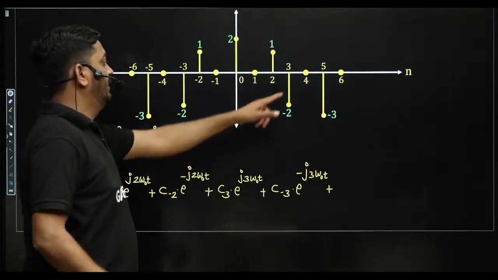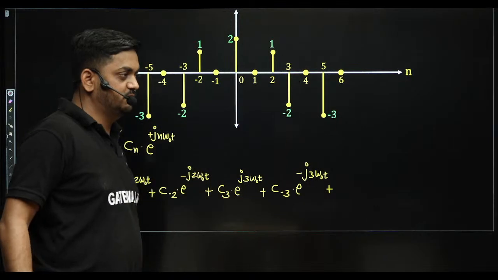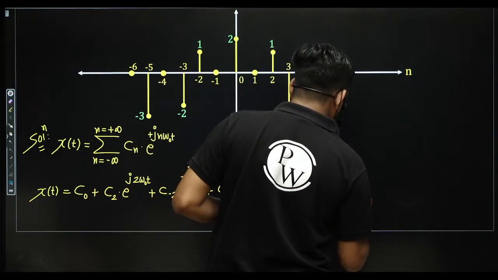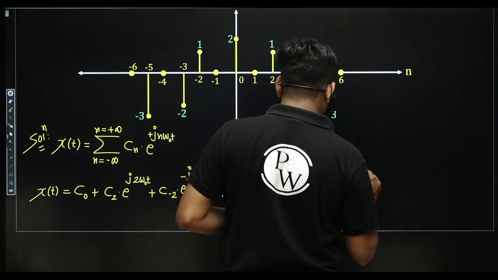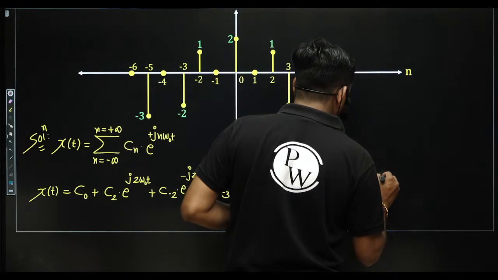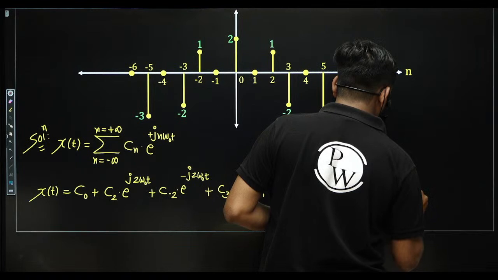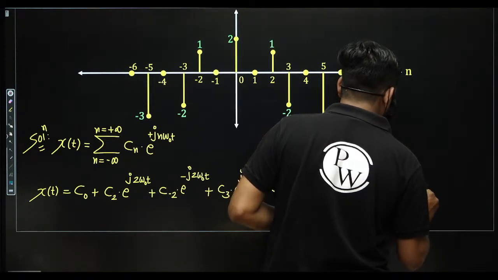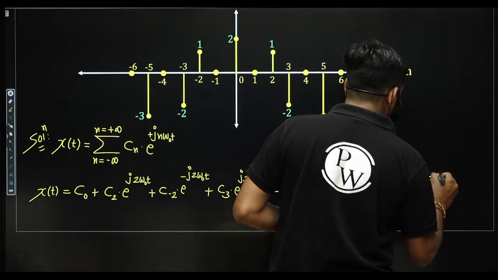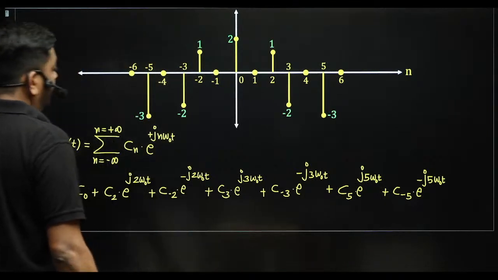Now c4 is 0, so we need not write the value of c4 here, guys. Then c5, so it is c5 e to the power j 5 omega 0 t plus c minus 5 e to the power minus j 5 omega 0 t, correct, fine.